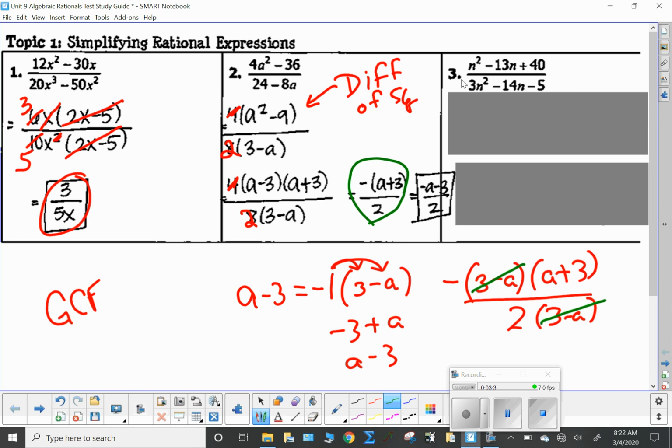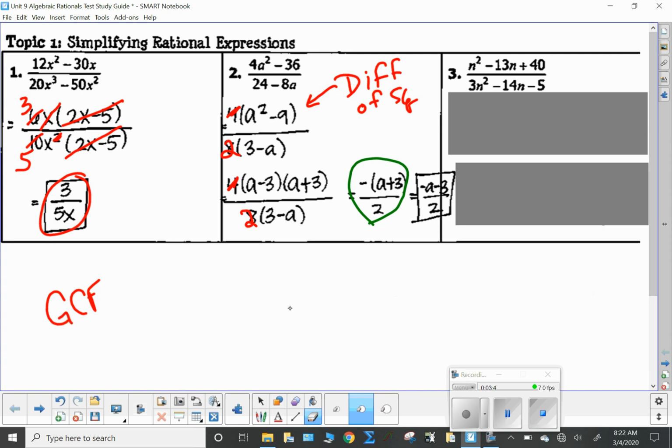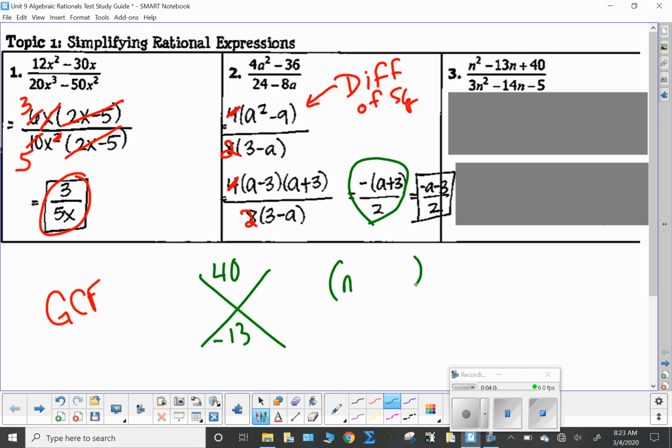In the next one, you've got a couple of trinomials that you need to factor. There are no greatest common factors, so first things first, factors of 40, any factors of positive 40 that add to negative 13 for the numerator. Since it's just n, I know I'm going to have n, and then I'm going to have n.